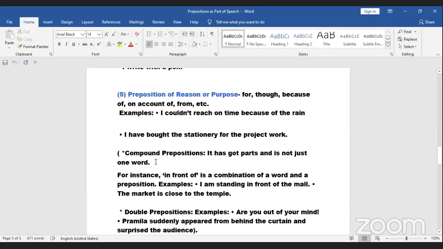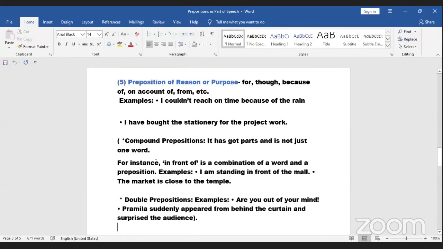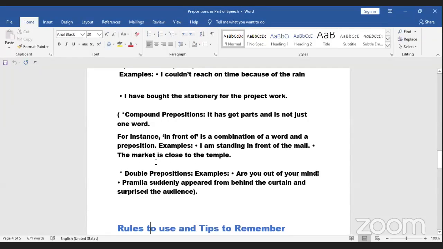Now, compound prepositions. As the name suggests, till now what we were dealing with were single, simple prepositions, either in or on or at or for.